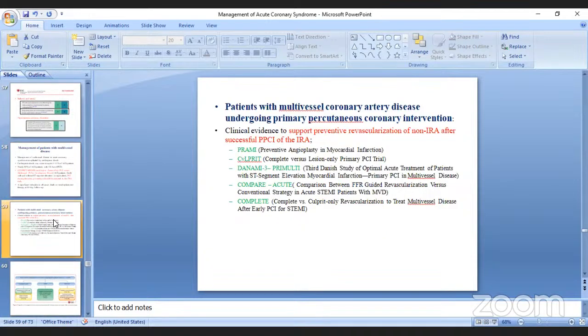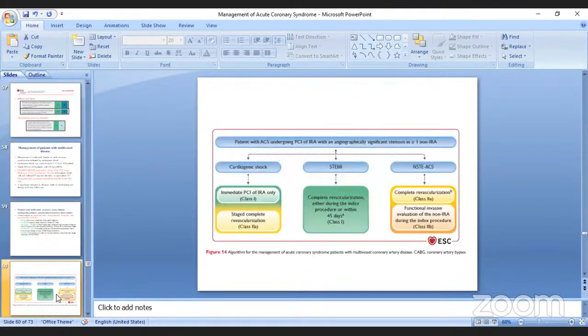In case of patients with multivessel coronary artery disease who are undergoing primary percutaneous coronary intervention, there were numerous studies in support of doing a preventive revascularization of the non-infarct related artery also. So when you come to this algorithm, in case a patient is presenting with cardiogenic shock, he is hemodynamically unstable, in such a patient the immediate PCI of the IRA only is recommended, and a staged complete revascularization should be considered.